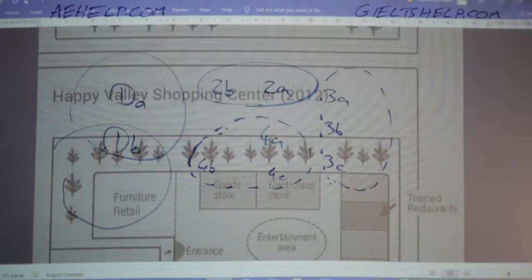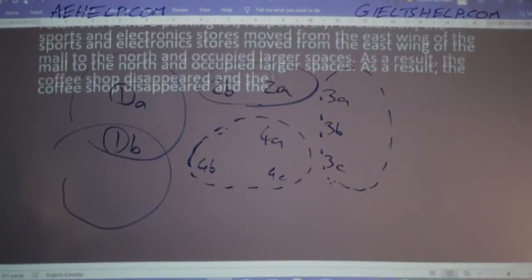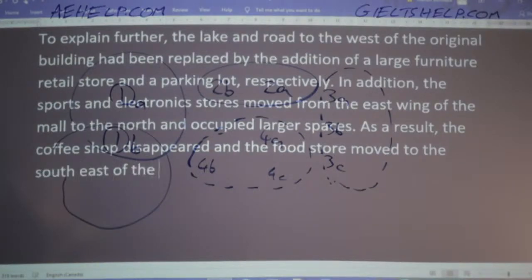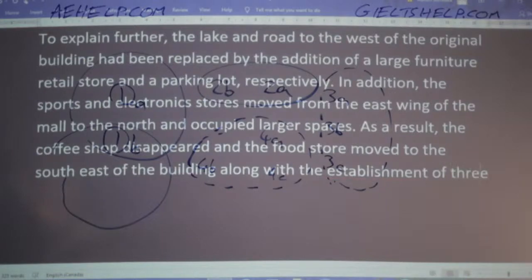So disappeared, and the food store moved to the southeast of the building, along with the establishment of 3 themed restaurants.